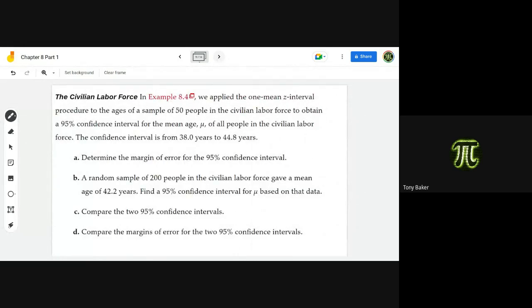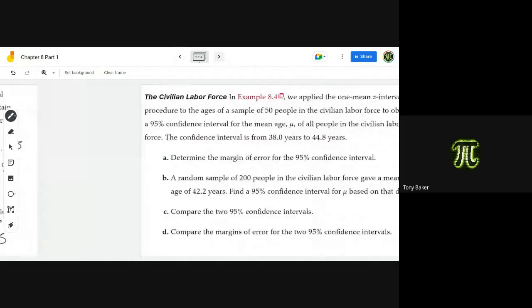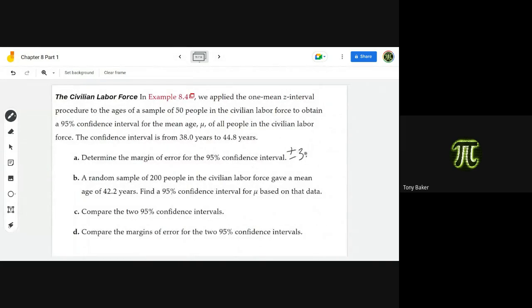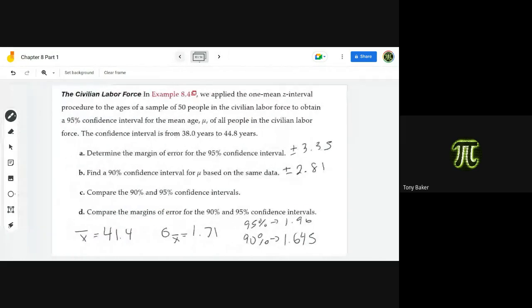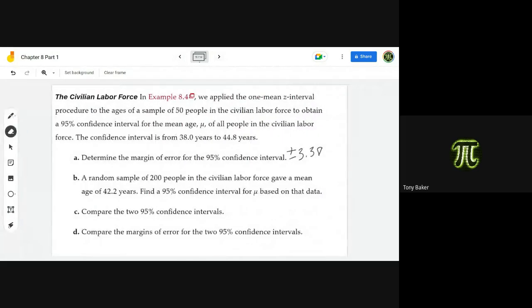Let's do the same thing. Similar thing. We did the 95% confidence interval was the plus or minus 3.38 or 3.35. And we have our mean was 41.4.